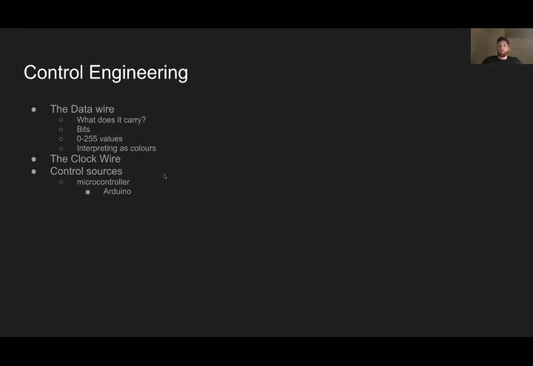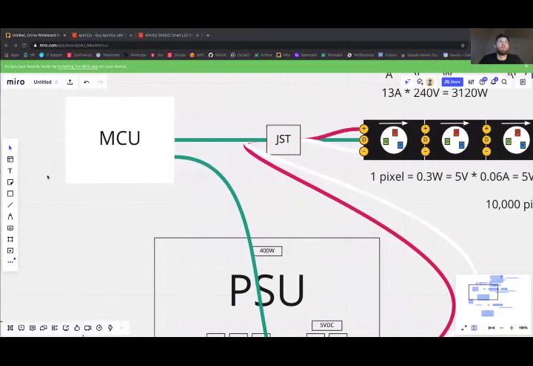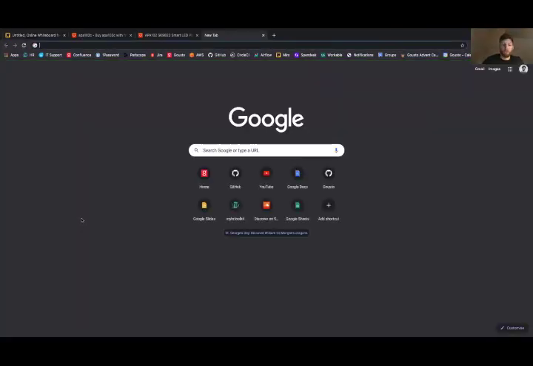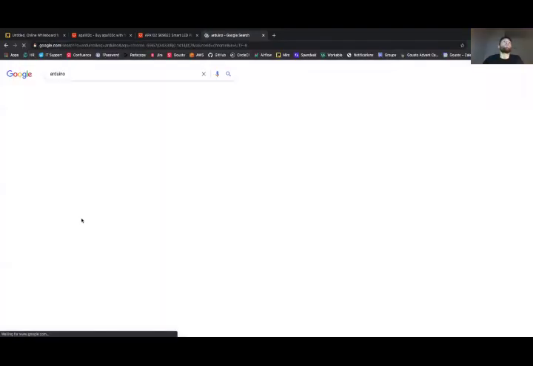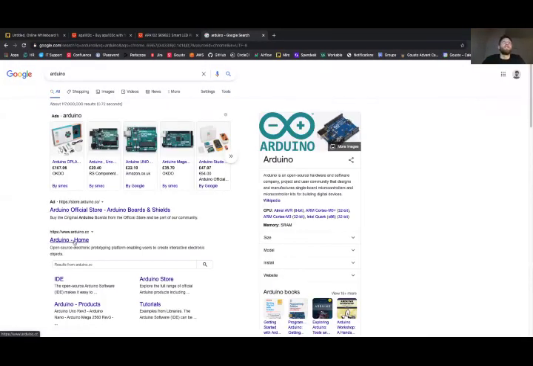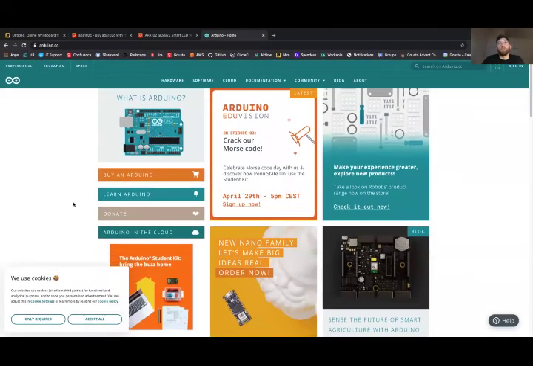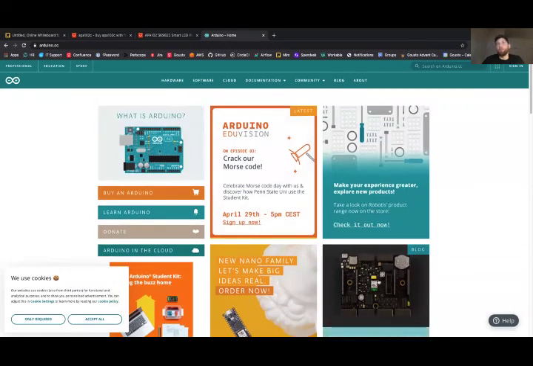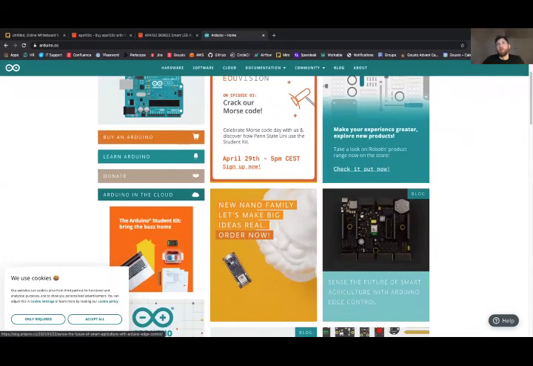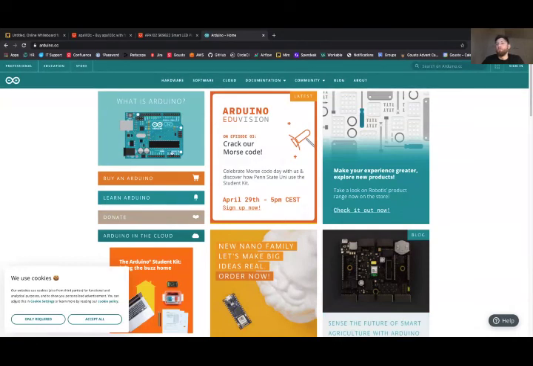The best platform to start with here is called Arduino. This is essentially a learner's microcontroller. So let's have a quick look at this. So Arduino is essentially a very user-friendly, general purpose microcontroller board that can do all sorts of things. You can do pretty much anything you would ever want to accomplish with a microcontroller with an Arduino relatively well.